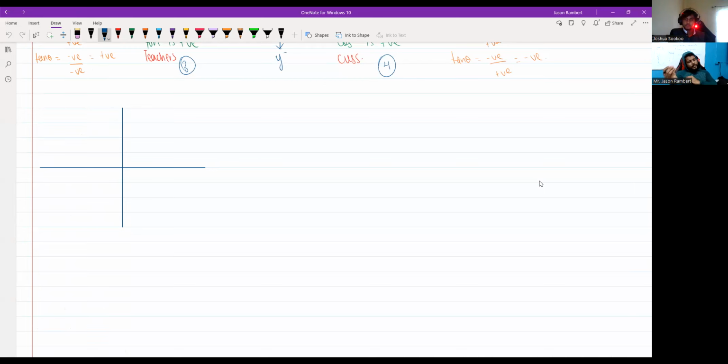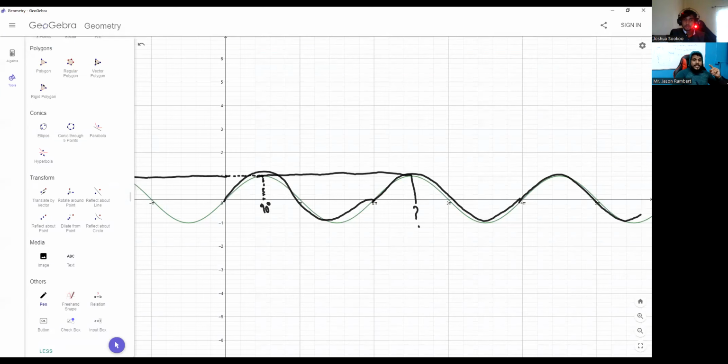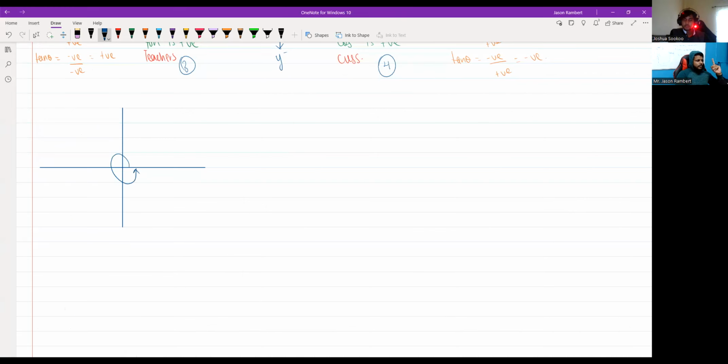If I make that direct comparison to quadrants, this is what happens. From here to here is how many degrees? A full 360. Compare that to one cycle. So start is 0 and end is 360.